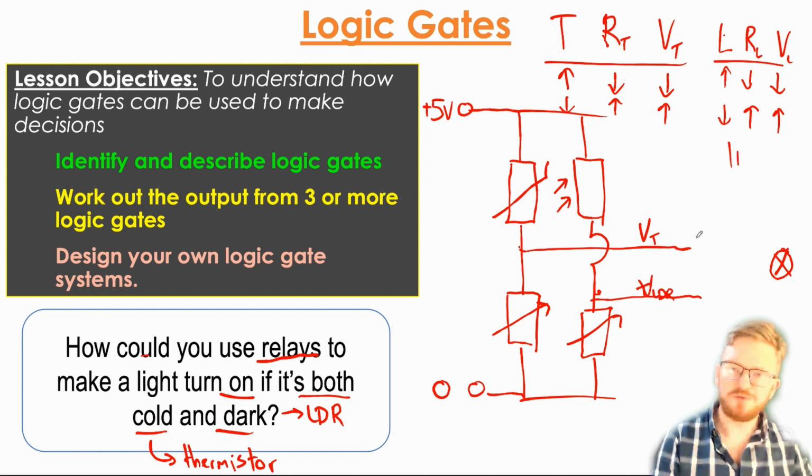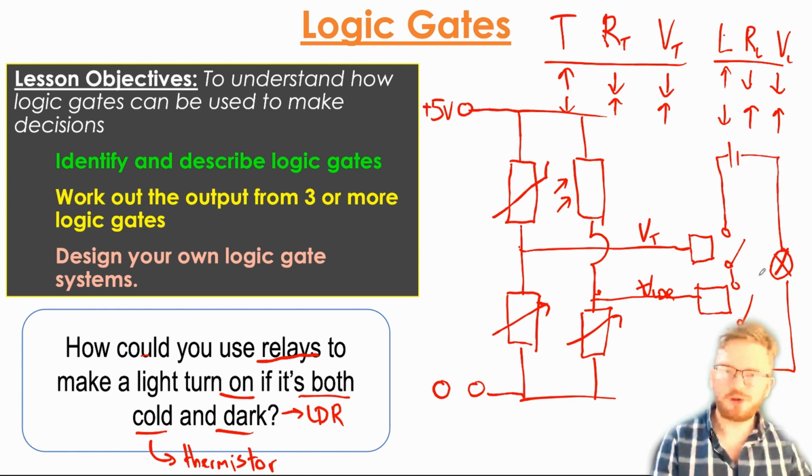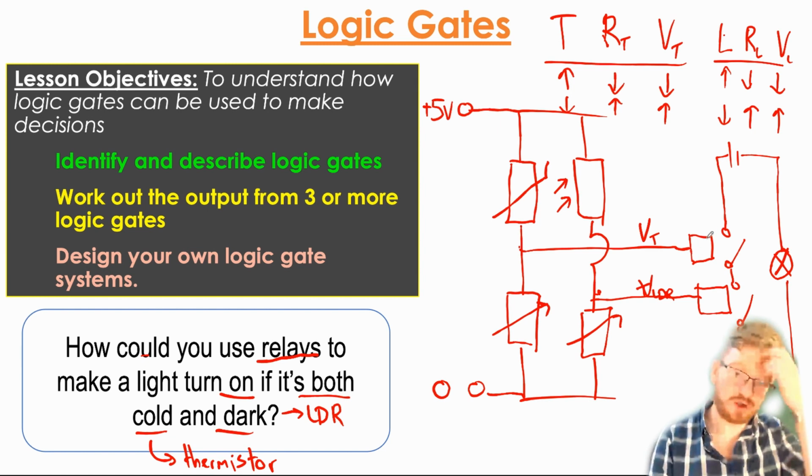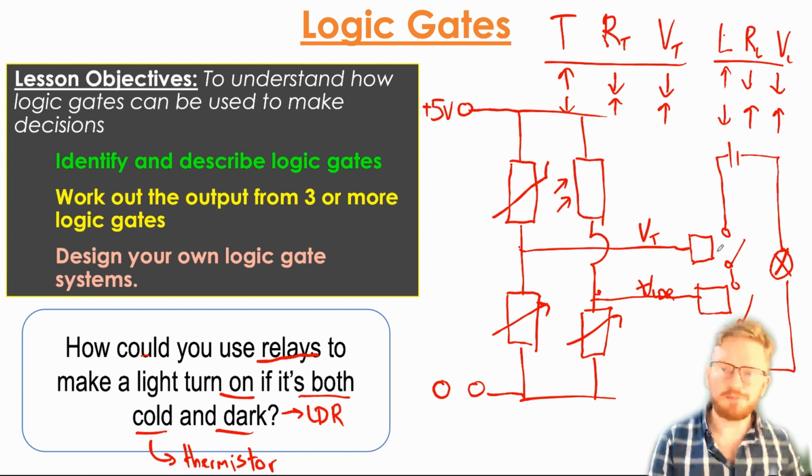What I can do is I can connect both of these to relays, and then I can put these relays in series, like that. Because now this lamp will only switch on when both relays are closed, and both relays will only be closed when both of these have high voltages.